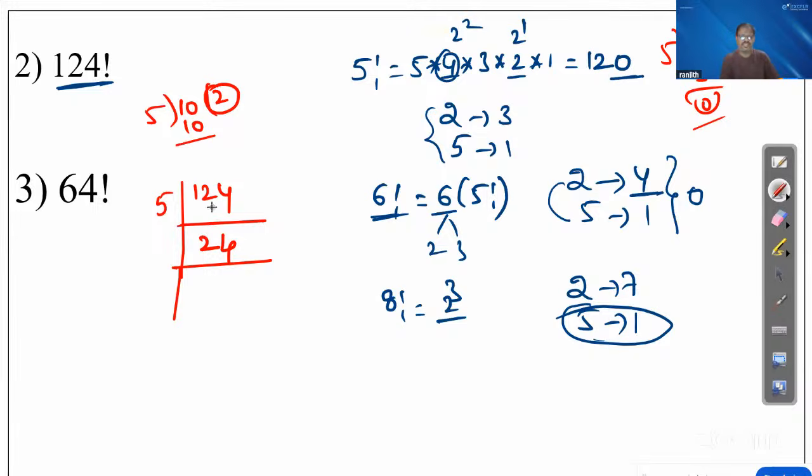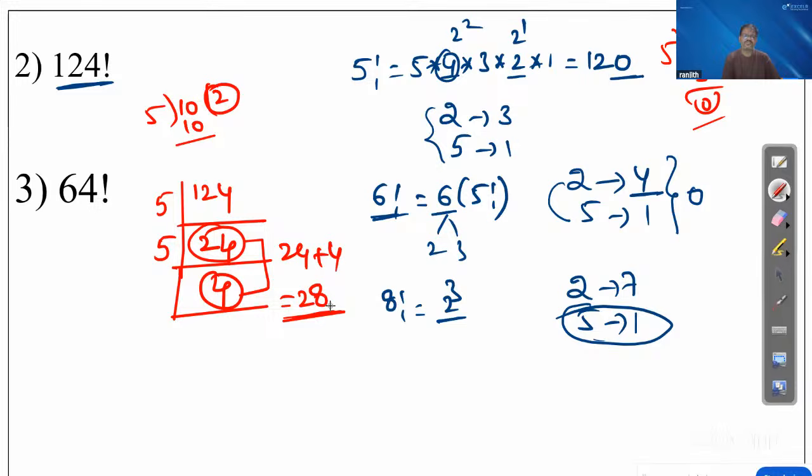No, 4 is not divisible by 5, so we can leave that value. So we need to add these quotients: 24 plus 4 equals 28. So the answer is 28.